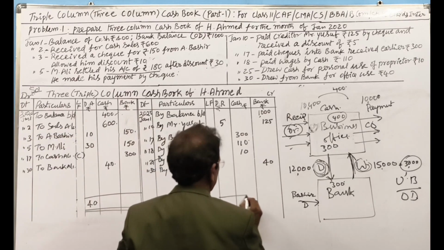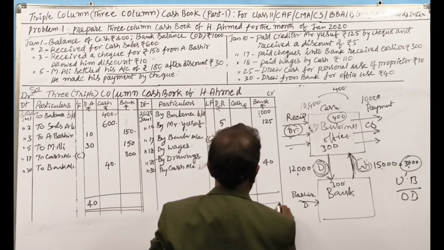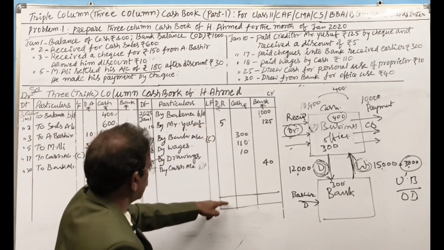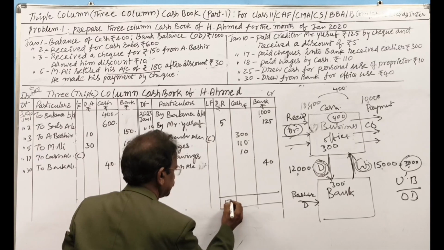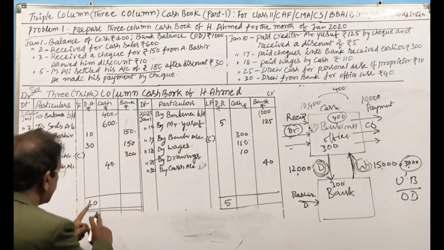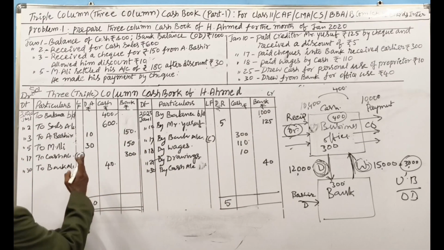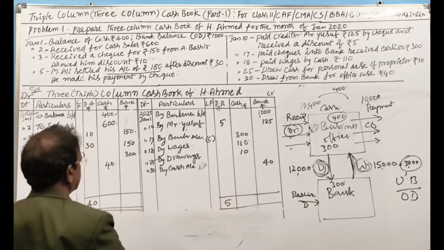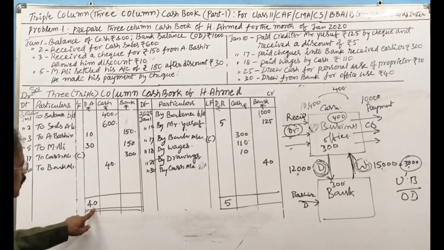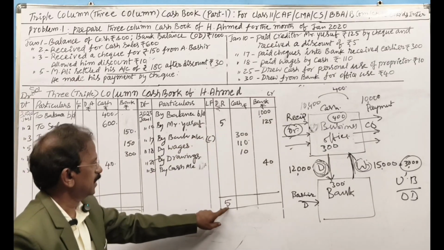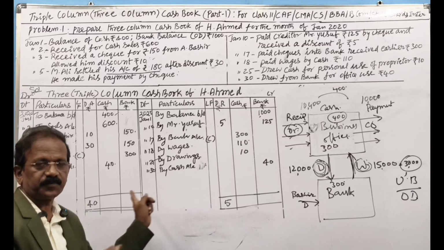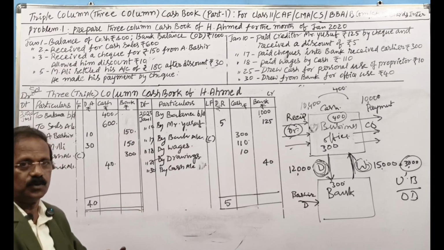Here also, take the discount received column total. You need not take the difference between discount allowed and discount received. This total is recorded here. Don't balance it. Don't subtract from higher amount to lower amount.